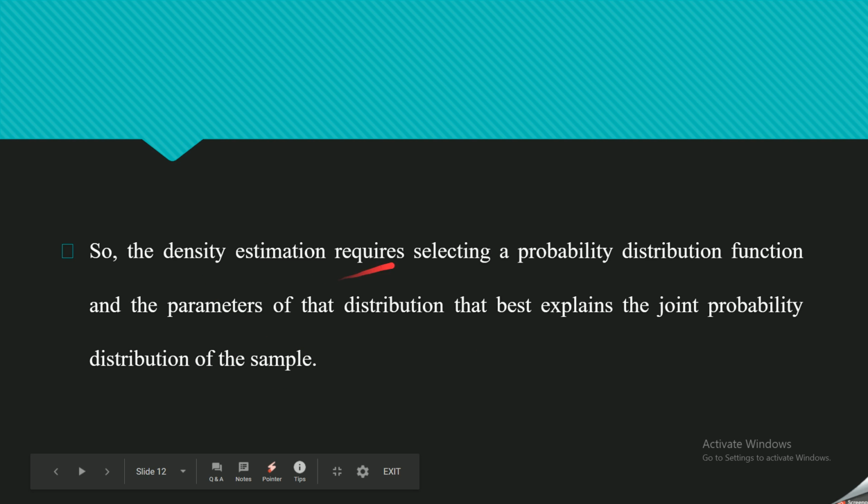So density estimation requires a probability distribution function, that is the bin size. I kept it initially at 50, then I changed it to 5, and the parameters of that distribution that best explain the joint probability distribution of the sample.